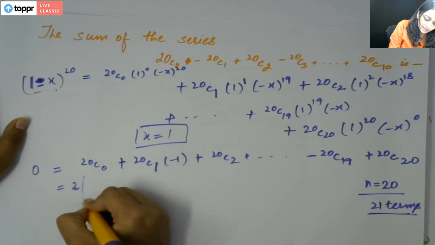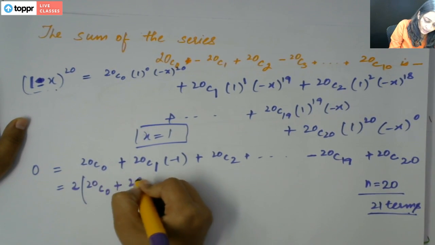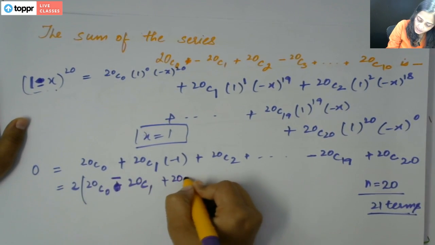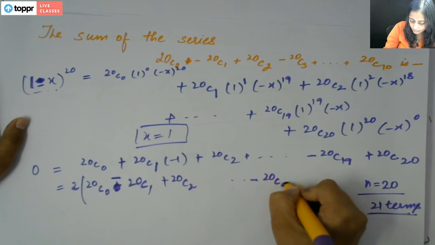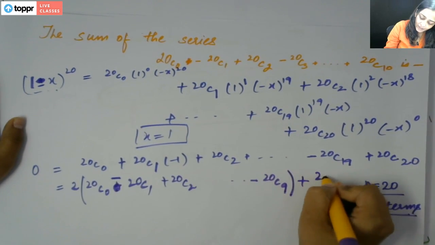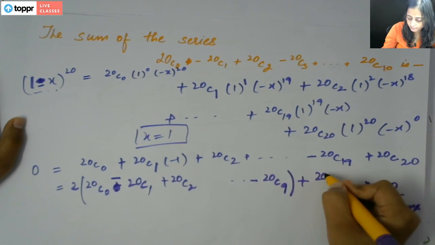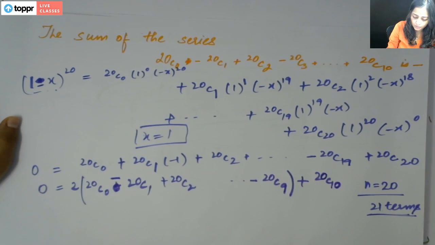So I can write it as twice of 20C0 minus 20C1 plus 20C2 minus and so on till 20C9, plus 20C10, because 20C10 would be the middle term. All this is equal to 0.